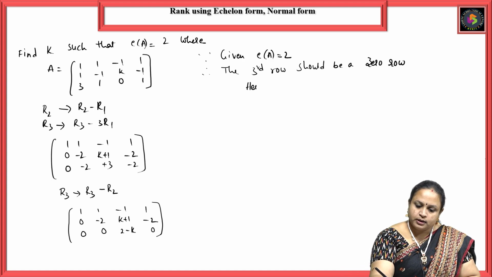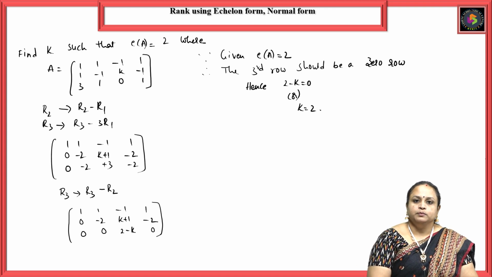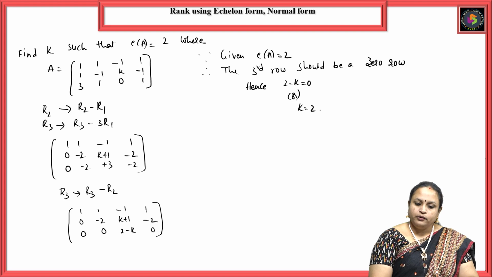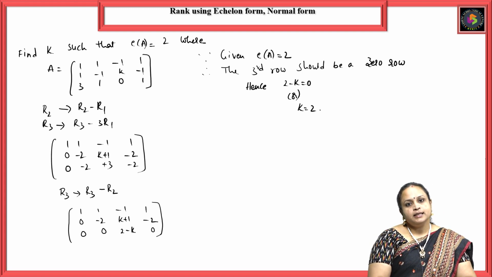Hence, what we can say? 2 minus K equal to 0, or K equal to 2. K equal to 2. Understood? How we have calculated the value of K when the rank is given.